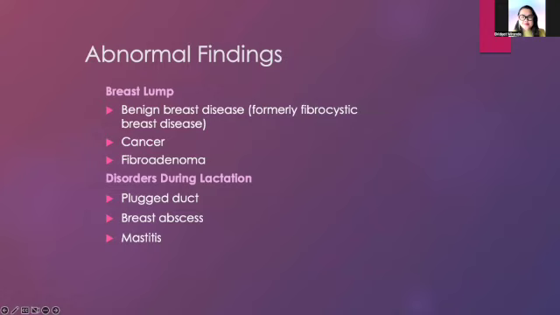There is benign breast disease. Typically, and previously, it's been called fibrocystic breast disease. So you may see it still charted at that in someone's history, or they may refer to it as that. Breast lump can be cancerous though, and it also can just be fibroadenoma. Now, fibroadenoma, these are benign masses, usually detected in late adolescence and early adulthood.